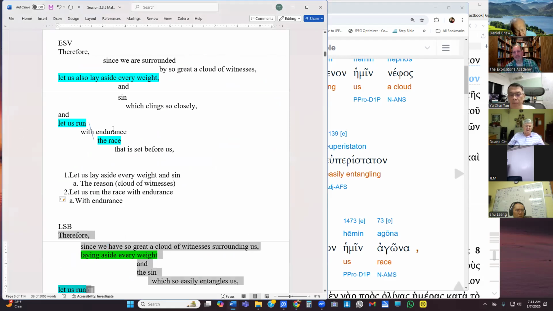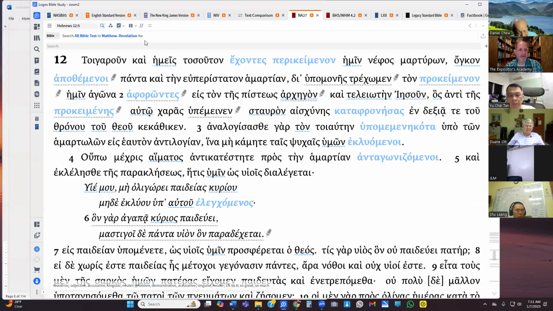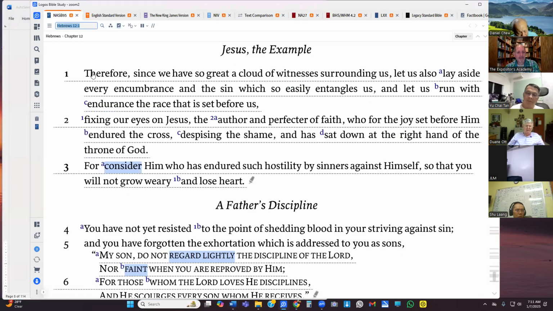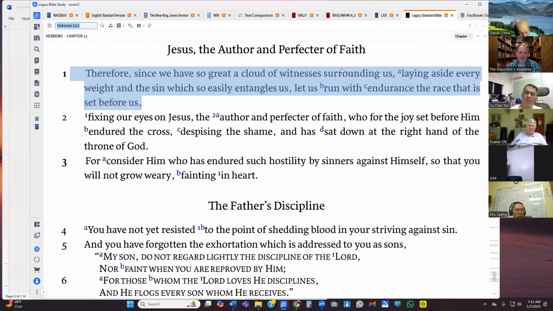The ESV, and the New American Standard did the same thing here, actually. So I'm not against the ESV. The New American Standard did the same thing, let us lay aside. So both of those translations. But the LSB recognized that it actually is a participle, laying aside every weight.